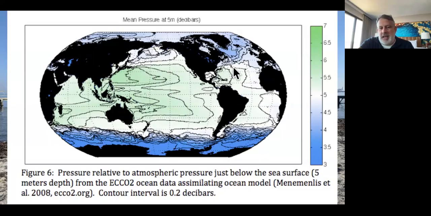So all of the highs here are in subtropical regions. There's a little bit of a low in the equatorial region, comparatively anyway, and there are big lows in the subpolar regions. And so these deviations in sea surface pressure and near surface pressure represent about 1 to 2 meters of vertical sea surface height anomalies.